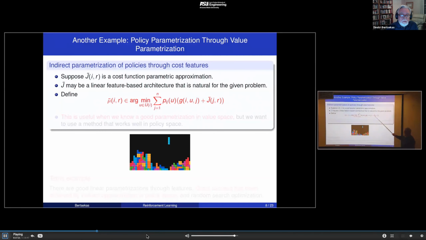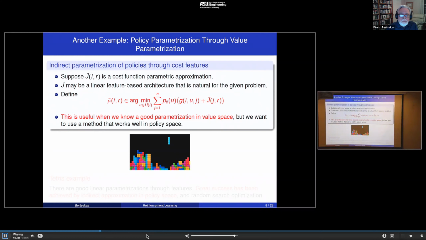So I know a good J tilde somehow because I have good features. I don't know the weights, but I stick it in there, and that defines a policy parameterization. So now we may try to find optimally the weights of the policy by using a policy optimization method. Now, when is this useful? If you know a good parameterization in value space, but you want to use a method that works well in policy space. Okay?